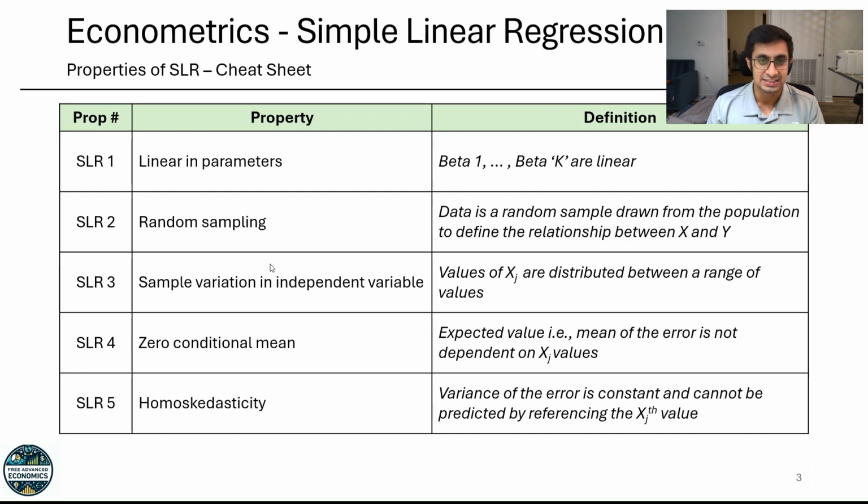Last, homoscedasticity. This is an extremely important property. Homoscedasticity means that the variation in the error term is not a function of the independent term. So let's say we were talking about the wage and age regression. If we say that as the age increases from 50 to 60, the error term just blasts out of control and goes beyond imagination and just varies all across the board, and there's no real relationship we can define over there.